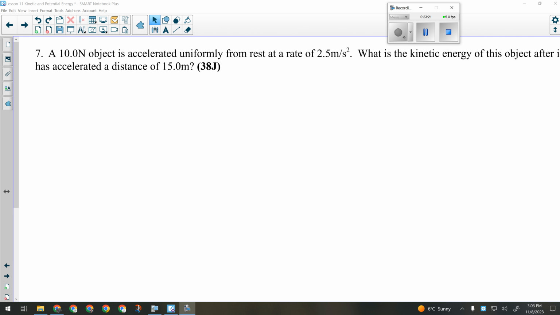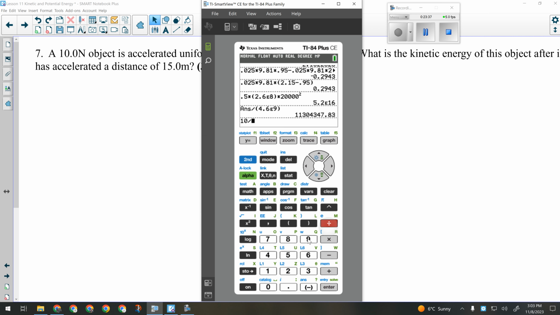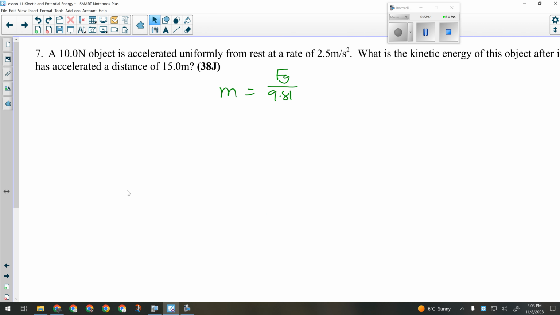Actually, I don't have mass, but I can get it. No matter which way I do this question, the first thing I have to calculate is the mass. So I take the force of gravity, 10 newtons, and divide it by 9.81. That's the first step, regardless of which way I do this. 10 divided by 9.81 gives me 1.02 kilograms of mass.